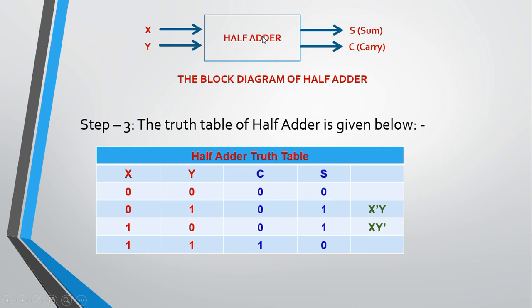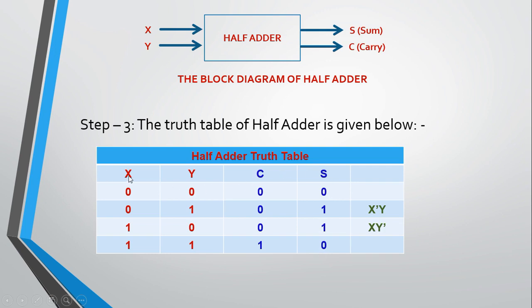Now see, over here we have the truth table of half adder. Half adder means two values. So first of all you need to write combinations having two variables, X and Y. Input variables are in red color and output variables are in blue color.